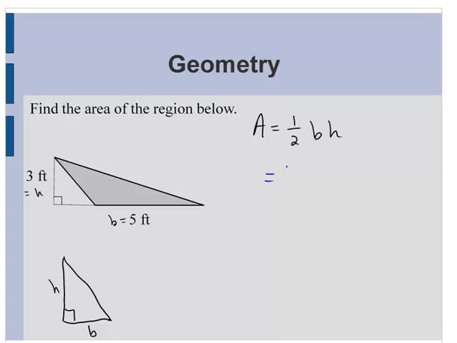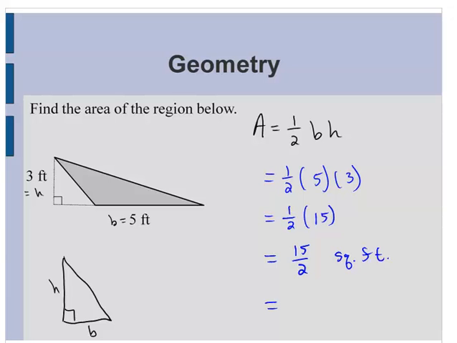So the area is 1/2 times 5 times 3. 5 times 3 is 15, so we have half of 15, or 15 halves. And the units on this would be square feet. Of course, if you wanted a decimal number, 15 over 2 is the same as 7.5 square feet.